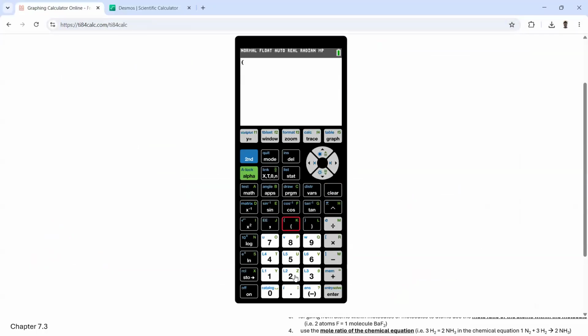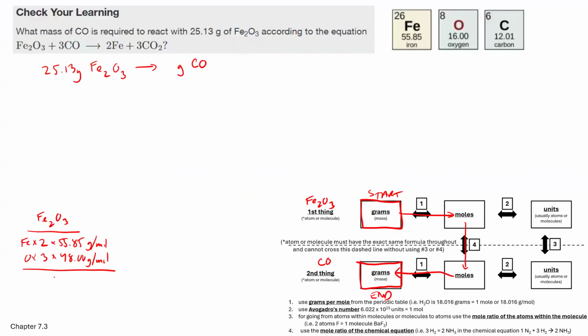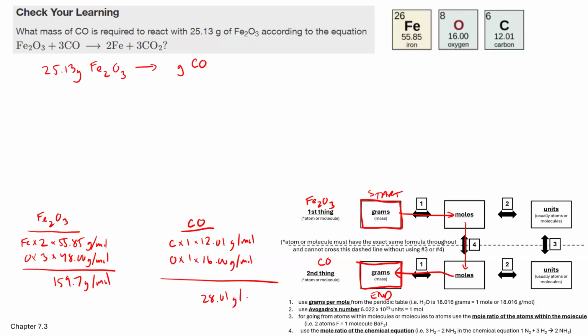Clear this. Open parentheses, 55.85 times 2, close parentheses, plus open parentheses 16 times 3, close parentheses: 159.7 grams per mole. Carbon monoxide, you're just adding, because we have carbon, we have 1, oxygen we have 1. That's 12.01 grams per mole plus 16.00 grams per mole, and we have 28.01 grams per mole for carbon monoxide.